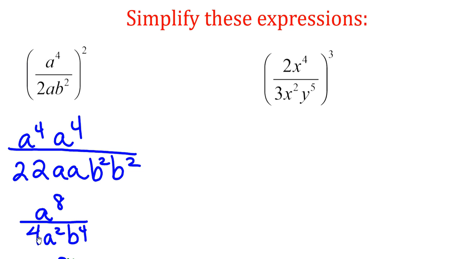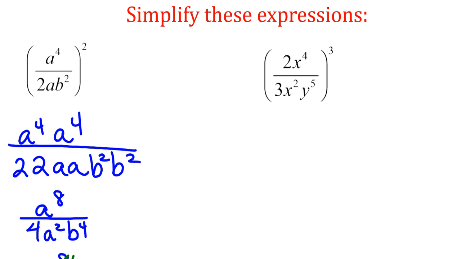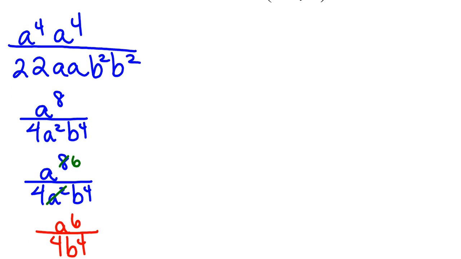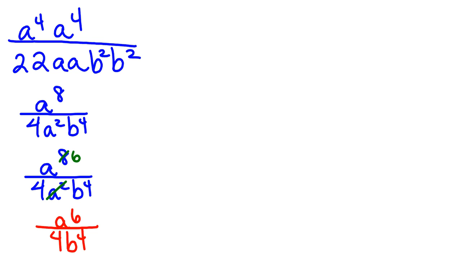I have 8 a's in the numerator and 2 a's in the denominator, which means I have 2 pairs of a's I can divide out, which would leave me with 6 a's in the numerator. I don't have any greatest common factors of b in the numerator and the denominator to divide out, nor do I have 2's, so those will remain. So we have a to the 6th over 4b to the 4th.